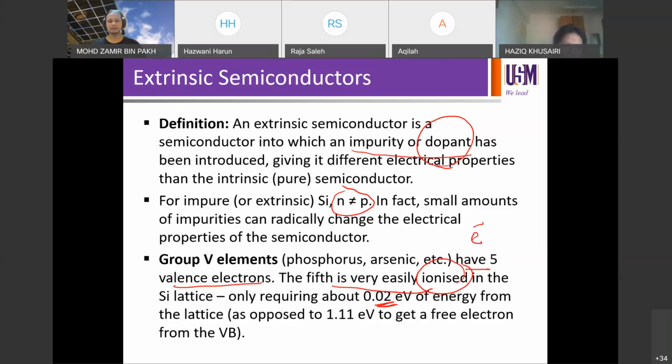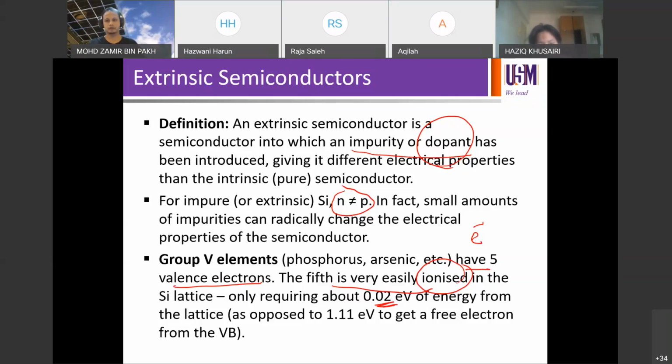And we started discussing ionization efficiency. So in this case, if you put a dopant like phosphorus, it only requires 0.02 eV, which is a very small amount of energy for it to be ionized in the lattice in order to contribute to the conduction.